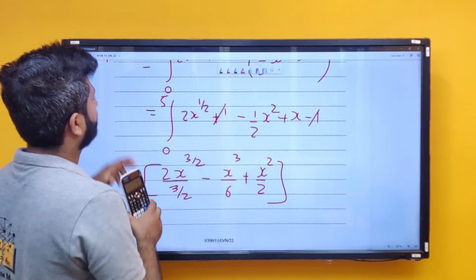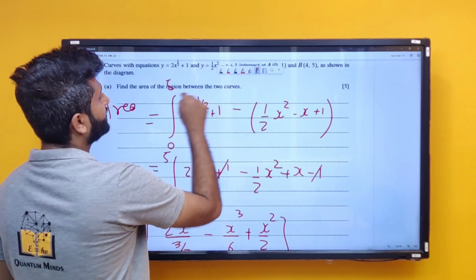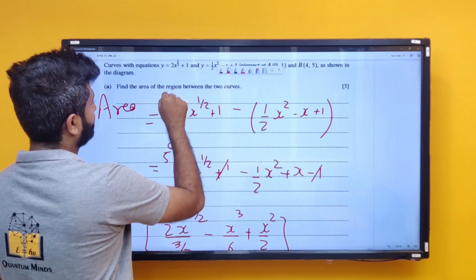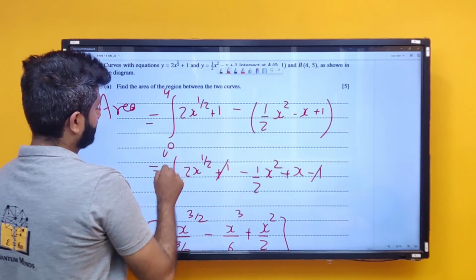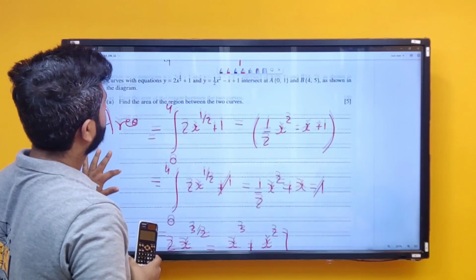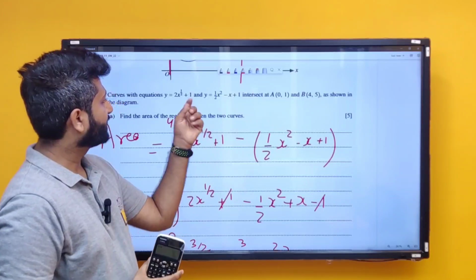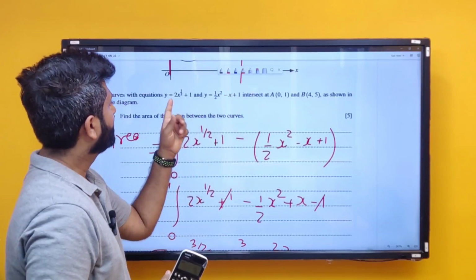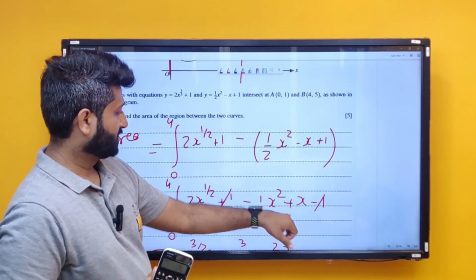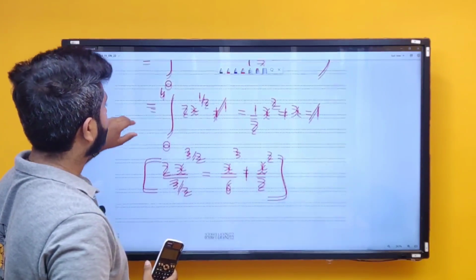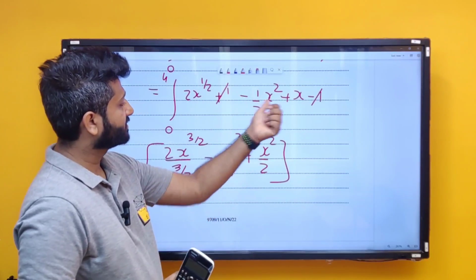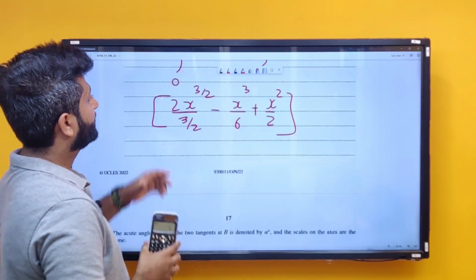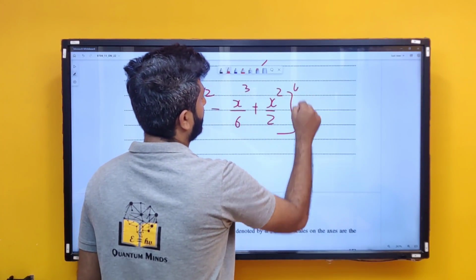Yes, it was 4, not 5. We are using the limits of x. So this is 4 and this is also 4, right? Still let me check. So this is 2x power half, minus 1 will get cancelled, minus half x square plus x, and the limits, yes, x power 3 by 2 by 3 by 2, x cube by 6 plus x square by 2, yes. The limits are from 4 and 0.